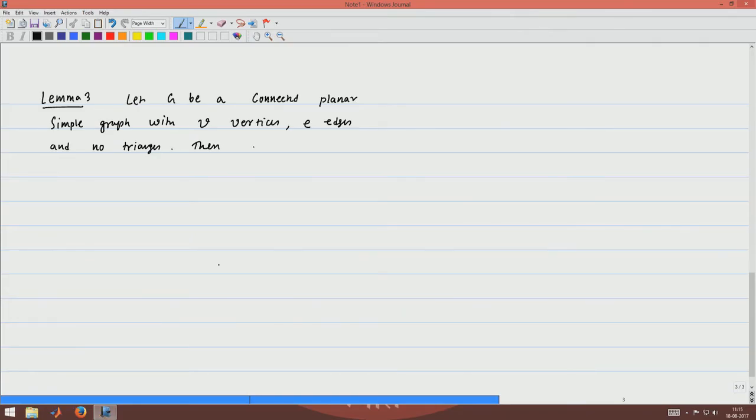Then the number of edges must be less than or equal to twice V minus 4.